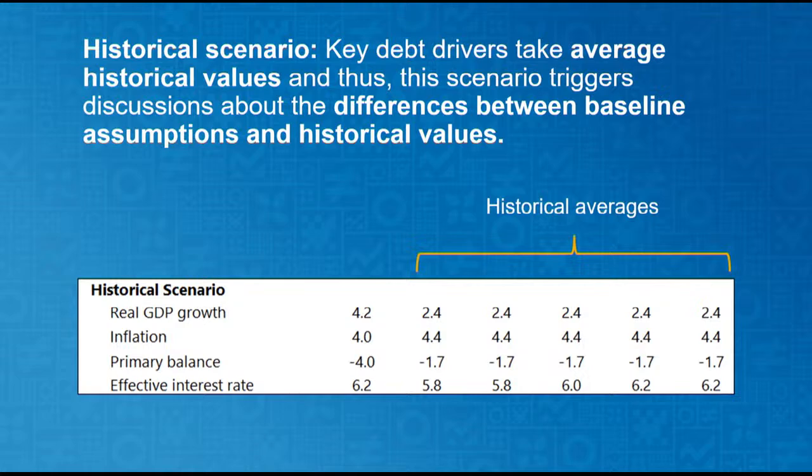Thus, comparing this scenario with the baseline scenario helps us think about our baseline assumptions and how they differ for each key variable from the value of these variables in history. So this is a trigger for discussions about the plausibility of our baseline scenario.